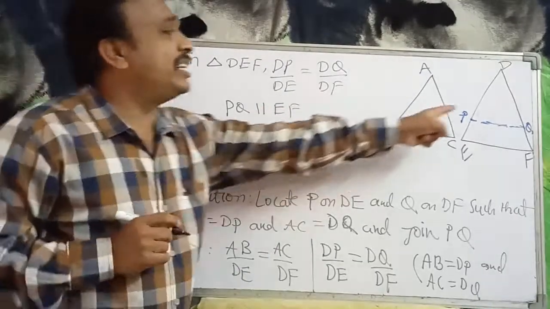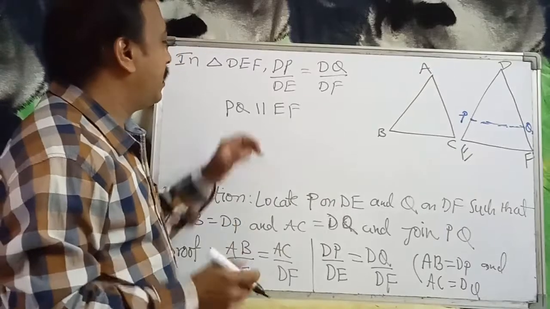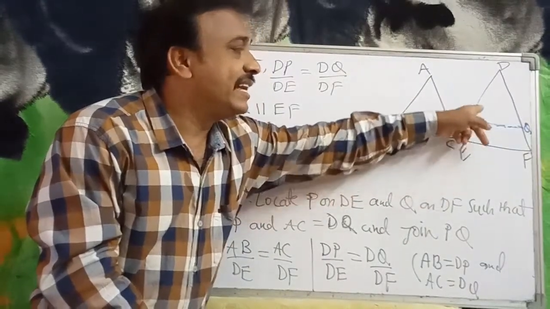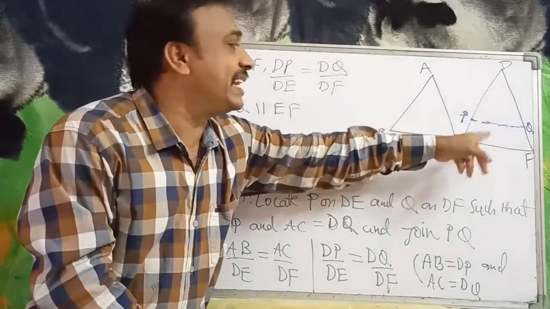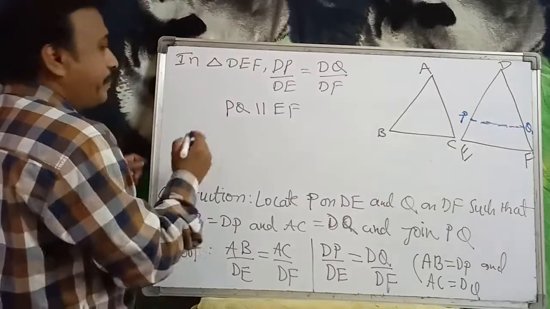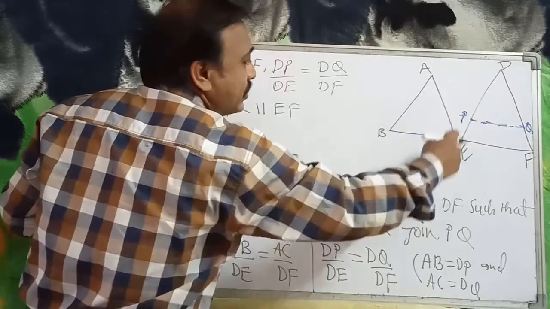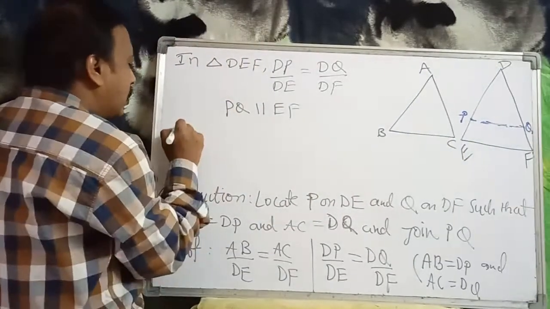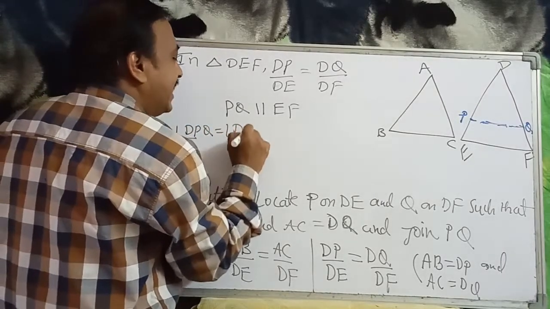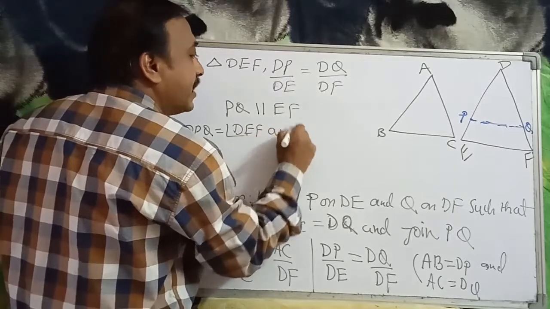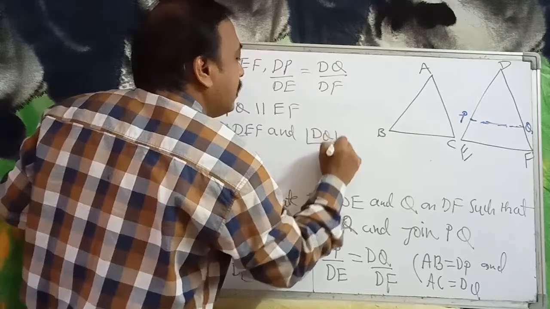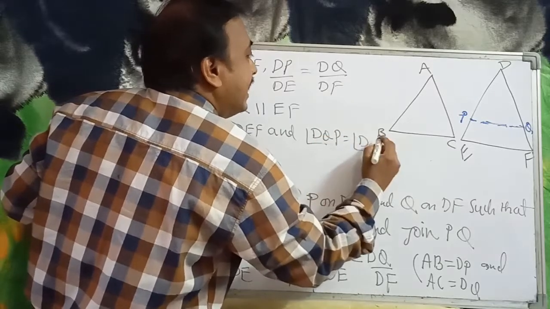Now if PQ is parallel to EF, their corresponding angles are equal. Which are the corresponding angles? Angle DPQ is equal to angle DEF, and angle DQP is equal to angle DFE.